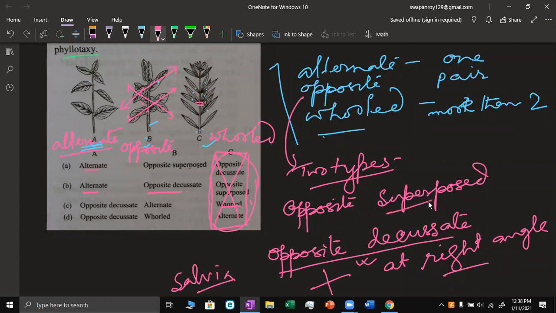And opposite superposed means the leaf in their orientation will be same.